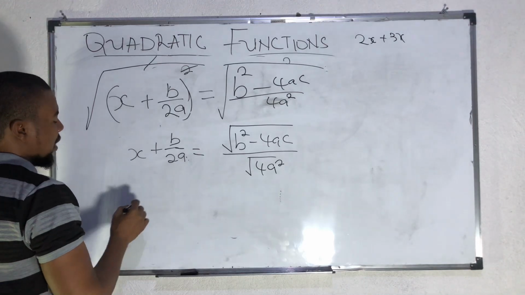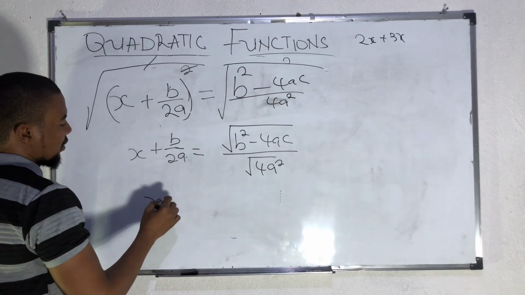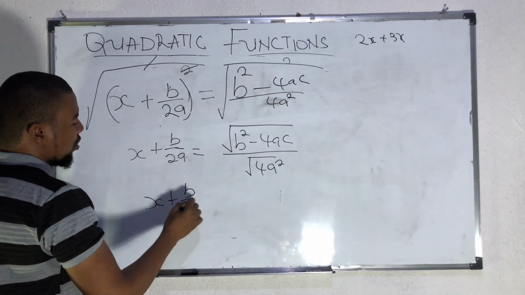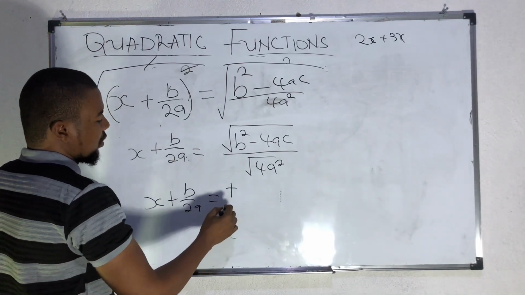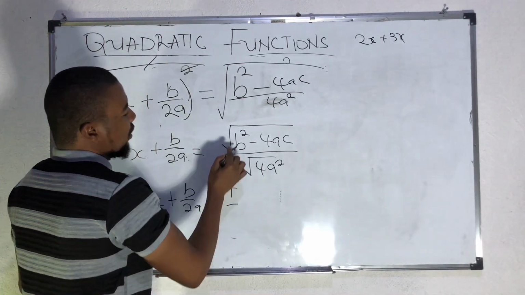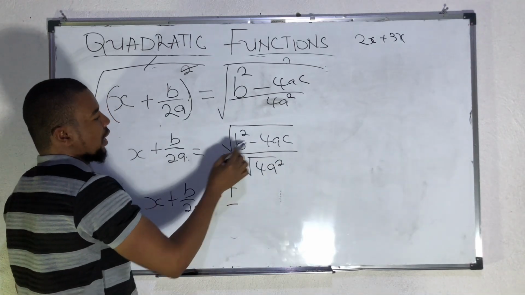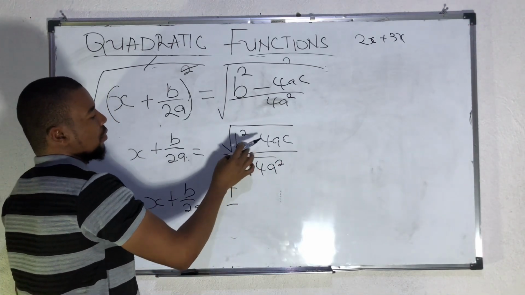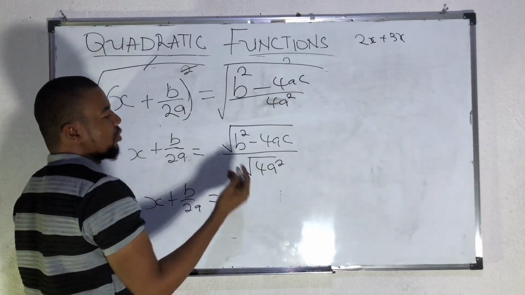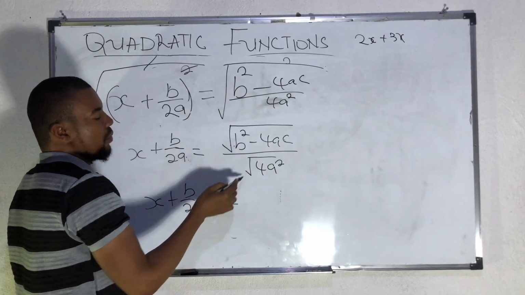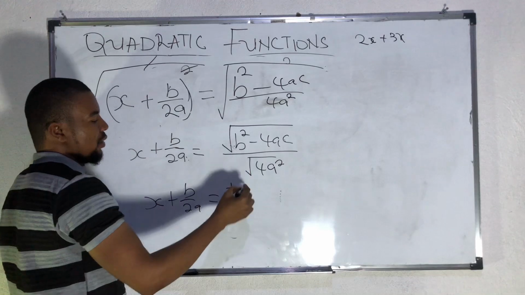Now, we shall have x plus b over 2a is equal to plus and minus. This numerator, you cannot take the square root of the numerator because they are subtracting. So you can't just say we're taking the square root of b squared. No. So you leave everything as they are.